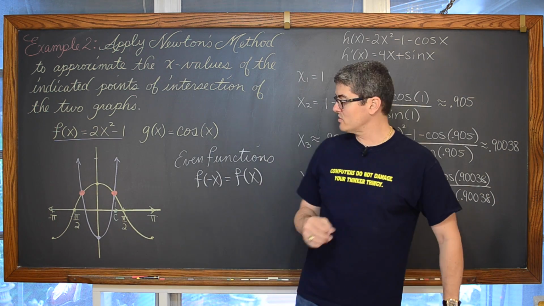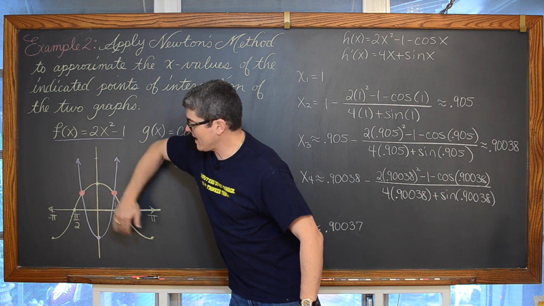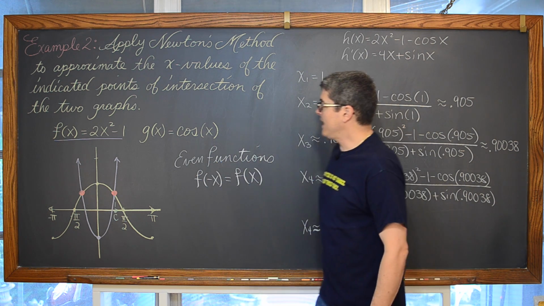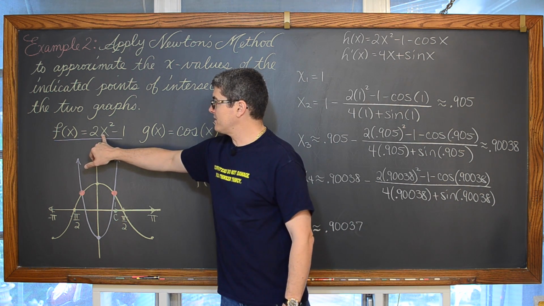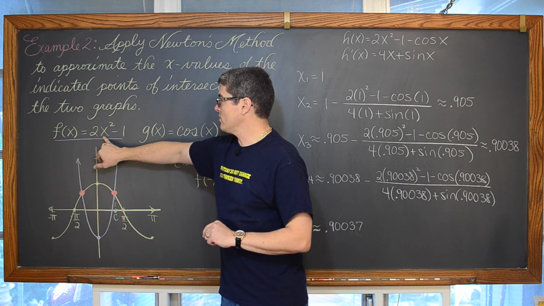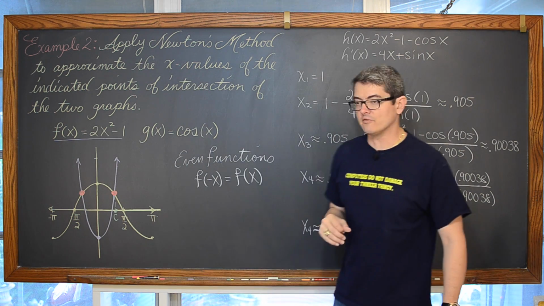Well, the cosine function, you can see here, if we fold this graph on the y-axis, is going to line up on itself. The cosine function is even. And this very basic polynomial, the only variable of which has an even power, that parabola is going to prove to be an even function as well.